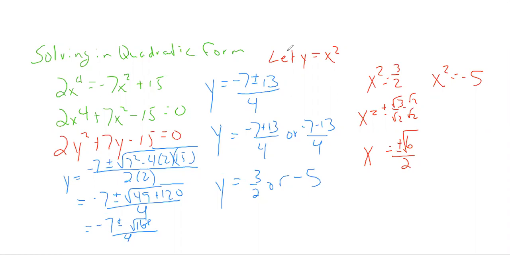Now I look at the other one. Okay, take the square root of both sides of this one. x is going to be equal to the square root of negative 5, positive or negative. Well, the square root of negative 5 is x equals positive or negative i times the square root of 5.